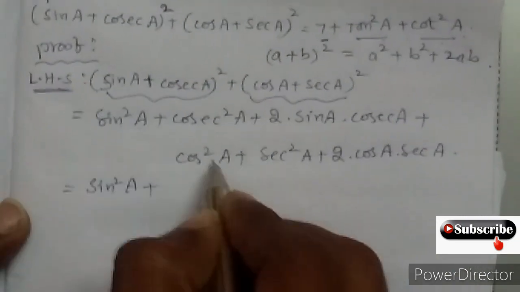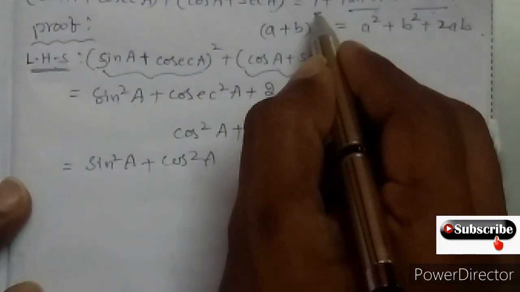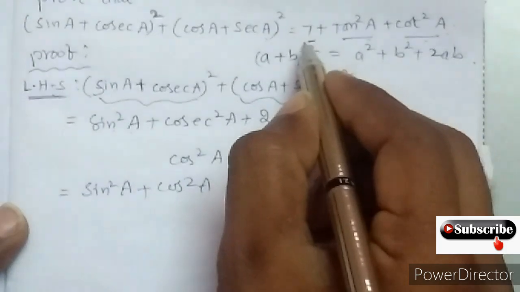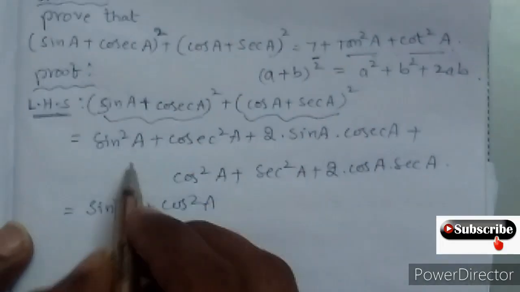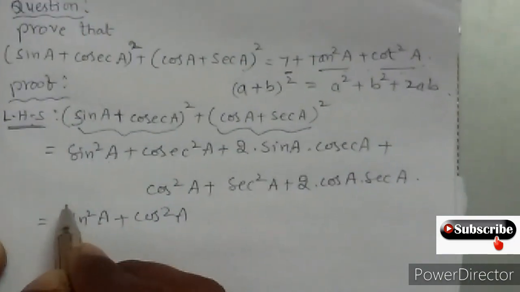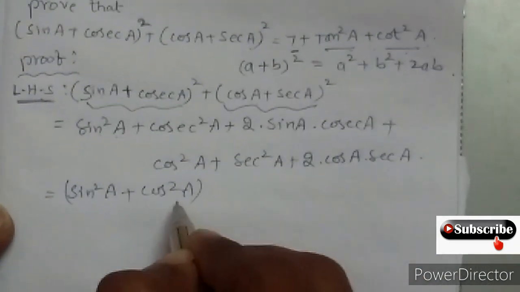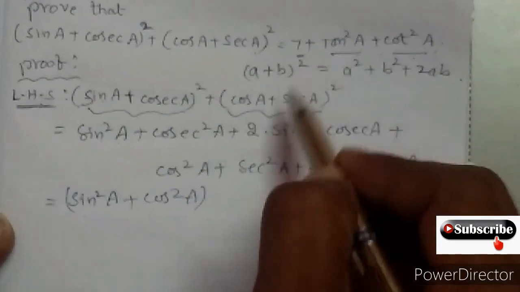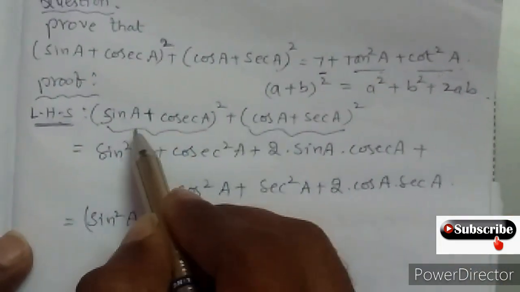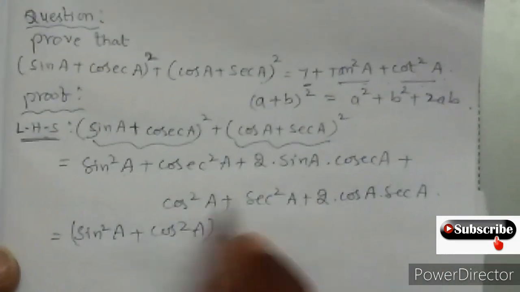I am grouping sin square A and cos square A. Why? Because we have to get a constant value also. So by observing this constant value, we have to combine the sin square A and cos square A, so that we can get the constant value. So group it, sin square A plus cos square A, and also there we don't want sin square A and cosecant square A. That's why we have to club.